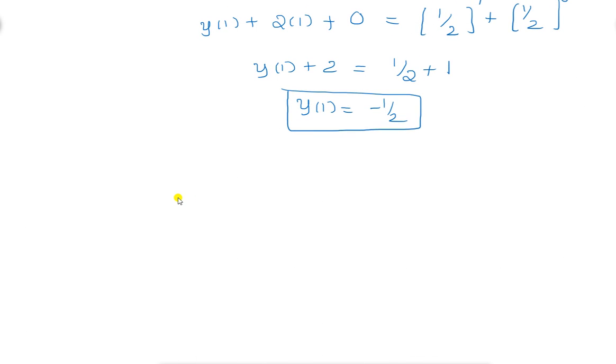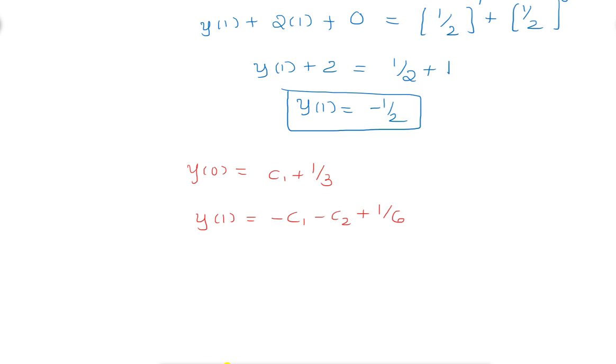After substituting all these conditions, we already determined the equations. Once again, rewriting these equations: y naught is equal to c1 plus 1 by 3, and y of 1 is equal to minus c1 minus c2 plus 1 by 6. What is the value of y naught?